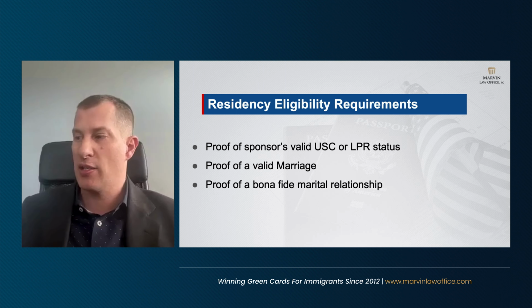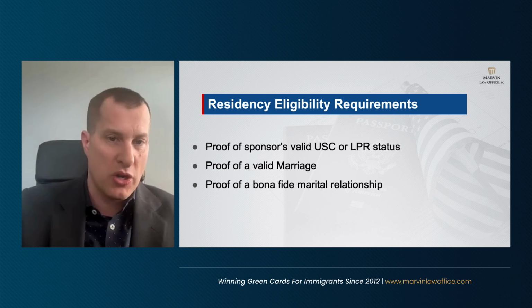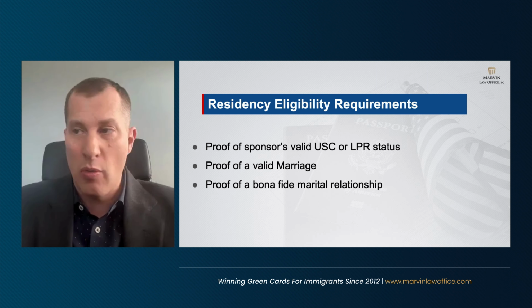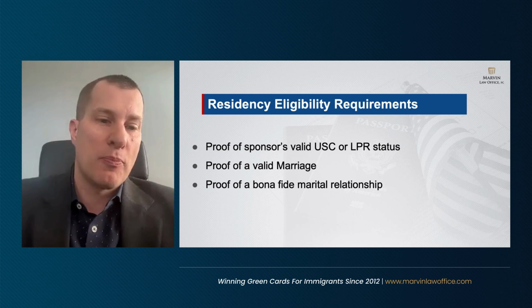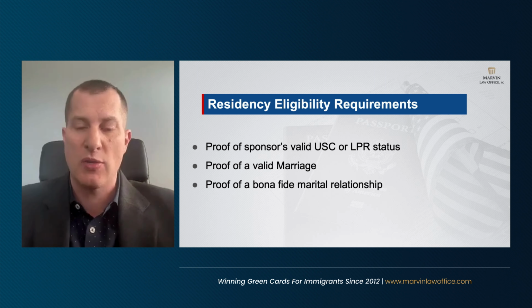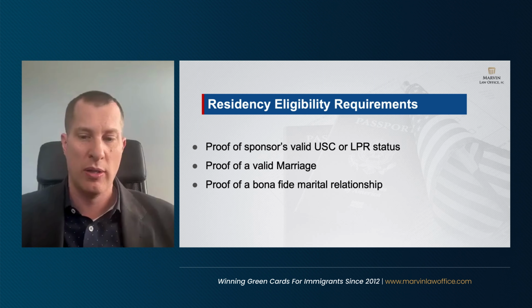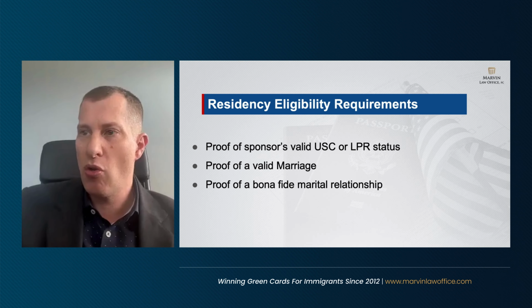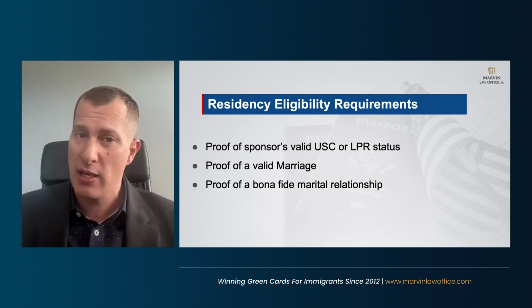And the next thing is the one that is usually pretty challenging for people unless they've planned ahead really well, which is to prove that you have a bona fide marital relationship. Bona fide just means it's legit, it's real. So that includes a lot of different things, okay?